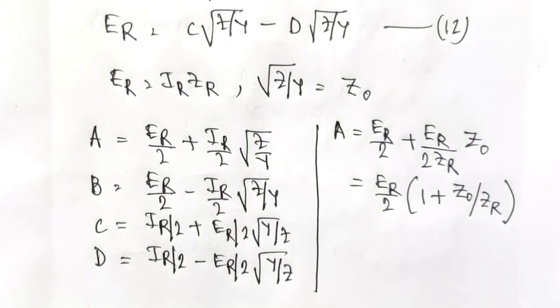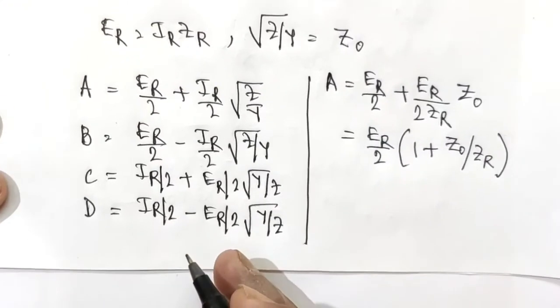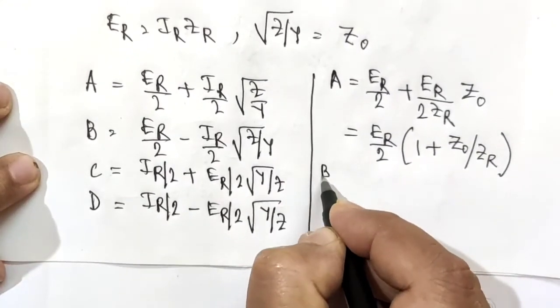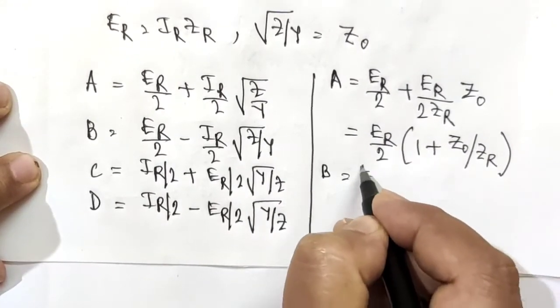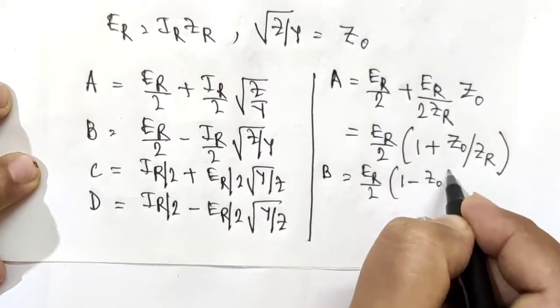So the constant A can be found as ER by 2 into 1 plus Z0 by ZR. Similarly, we can have B equals ER by 2 into 1 minus Z0 by ZR.